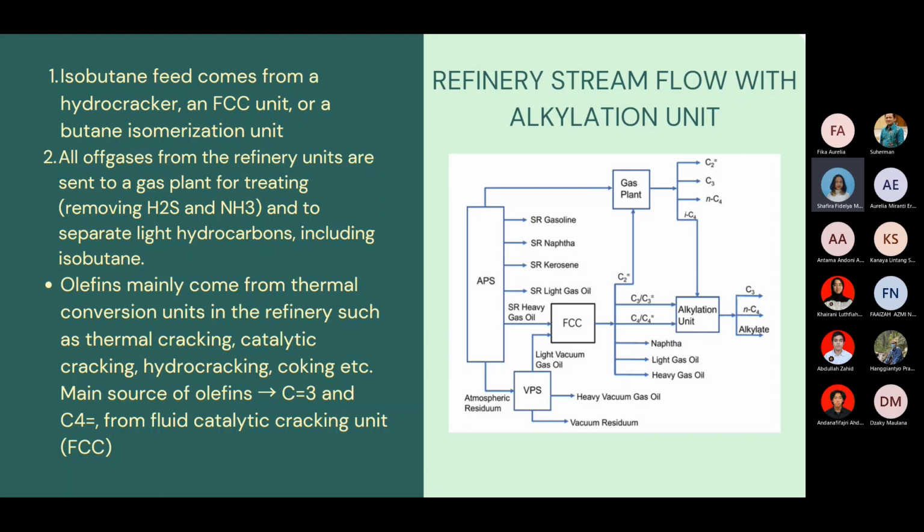And olefins come from thermal conversion units in the refinery, such as thermocracking, catalytic cracking, hydrocracking, and coking. So the main source of olefins is C3 and C4 from the fluid catalytic cracking unit, or the FCC. Next.